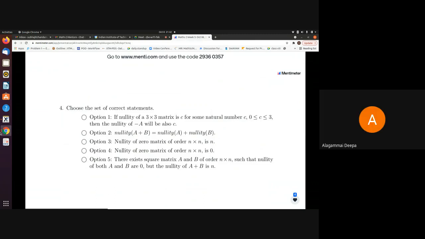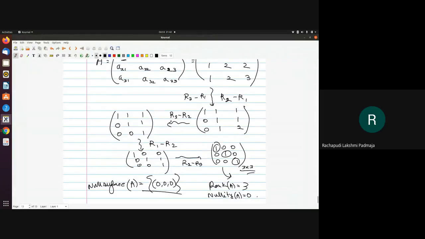Take A as the identity matrix and B as the zero matrix. Then it is the same. Sir, if A and B both are the zero matrix... Sir, A is [[1,0],[0,1]] and B is [[-1,0],[0,-1]].